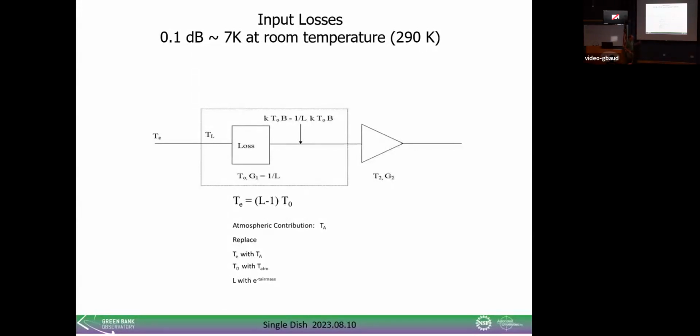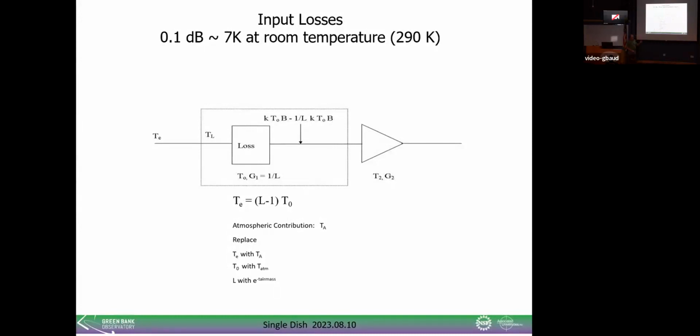Those components are also inside the dewar and cold, and their contribution is just a function of their loss and their physical temperature. It's much the same when we calculate these to get a total system temperature. It's the same relation as the atmospheric contribution.